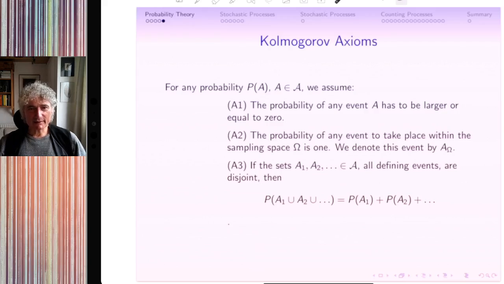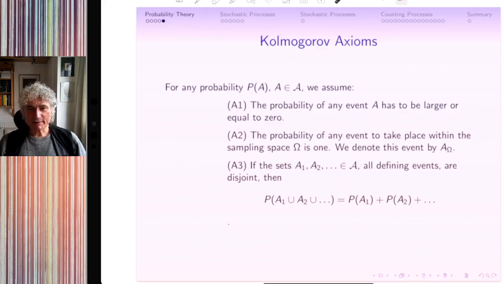So we really have to discuss the Kolmogorov axioms because they are so fundamental to probability theory. Now, what are the axioms? For any probability P of A, where A must be an element in this sigma algebra curly A, we have to assume the following.